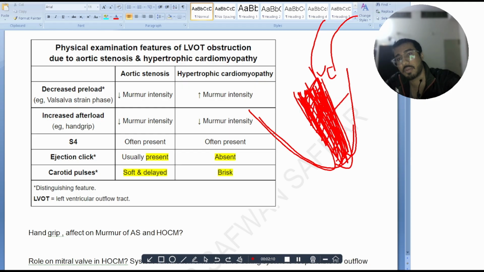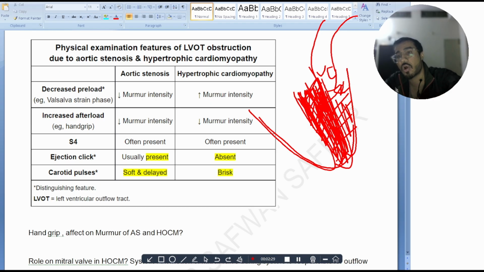Due to the thick septum, when there is less blood in the left ventricular chamber, the septum and the anterior motion of the mitral valve during the systole approximate with one another due to less blood in the left ventricular chamber. That results in outflow tract obstruction.